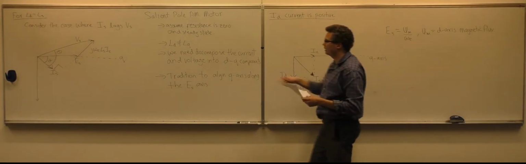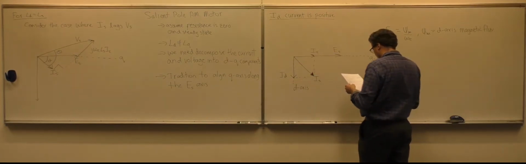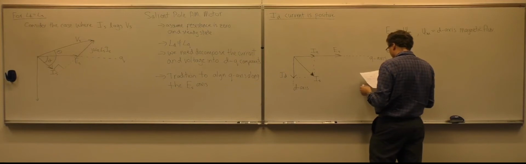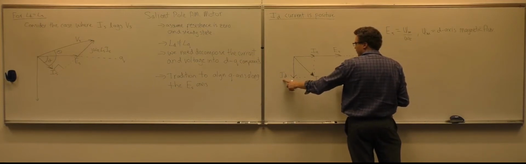Because LD and LQ are separate, we need to put those two components together, and so they're going to have the ID times J omega LD.